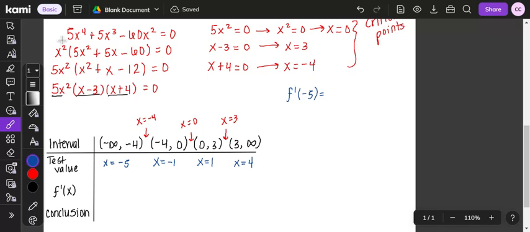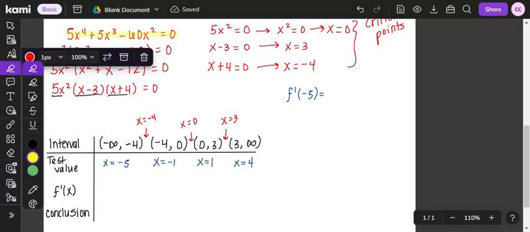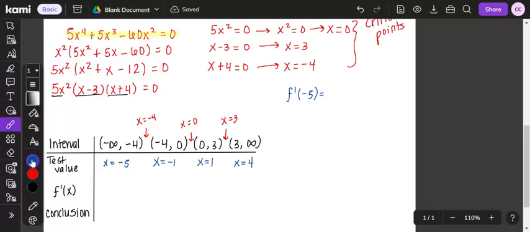And I'm going to go back to my main derivative function here. And every time I see an x, I'm going to replace it with a -5. So I have 5 times -5 to the 4th plus 5 times -5 cubed, and then minus 60 times -5 squared.